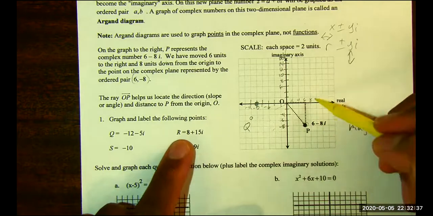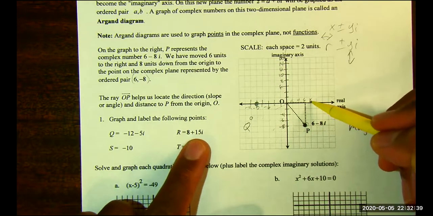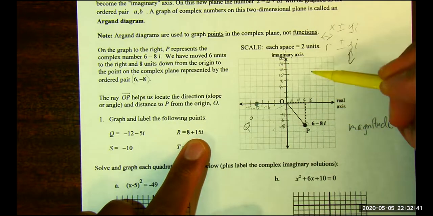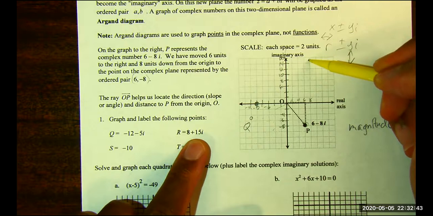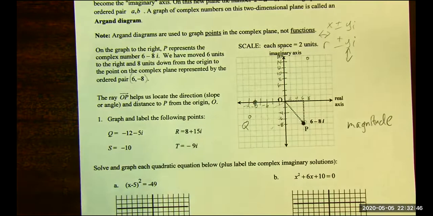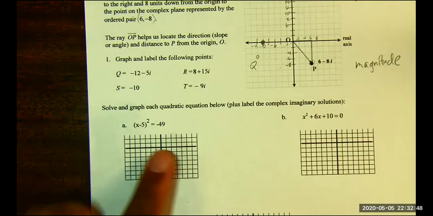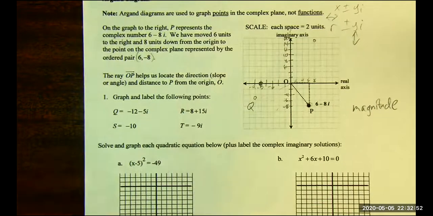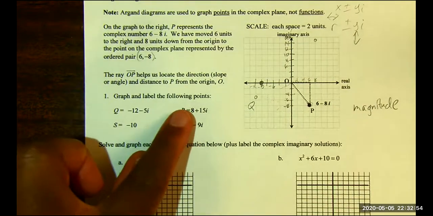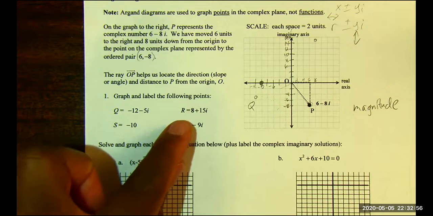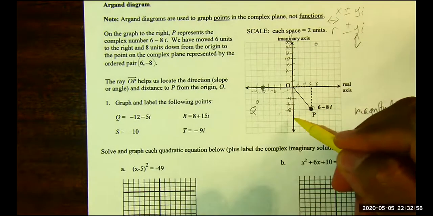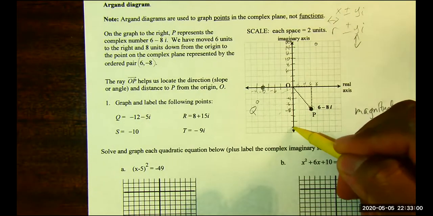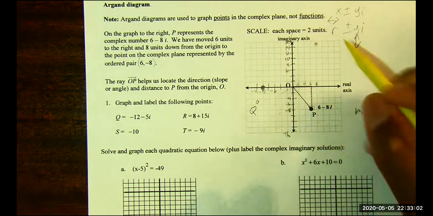The real number part here is 8. The imaginary part means I go up to +15. Now, granted, imaginary numbers do come in pairs. Down here with these quadratics, we will graph the pairs. This is just practice graphing singular imaginary numbers. But technically, this would be 8 plus 15i and 8 minus 15i. 10, 11, 12, 13, 14, 15, 16.